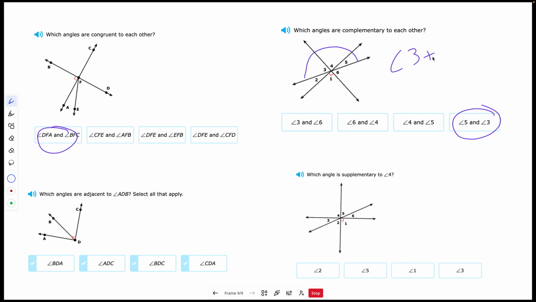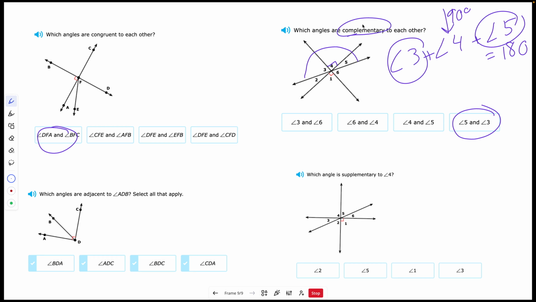So angle 3 plus angle 4 plus angle 5 equals 180. You know that angle 4 is 90 degrees because we have a corner here and it's vertical with angle 1, it's opposite angle 1. So that means that 3 and 5 have to combine to 90, which is the definition of complementary.